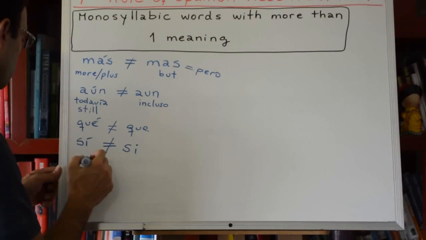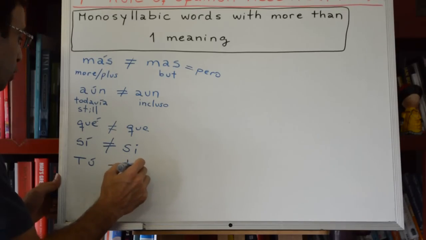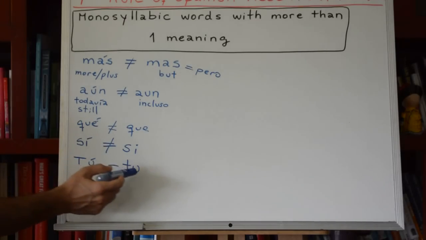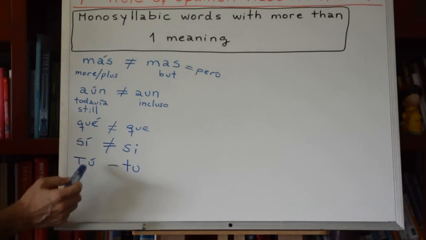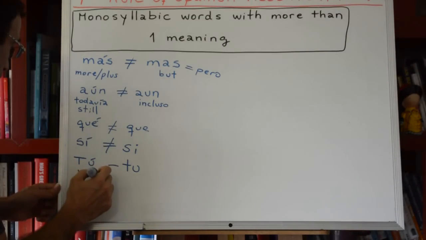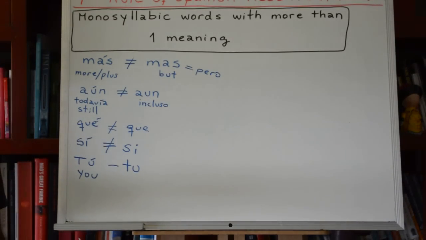El pronombre tú. Y el pronombre posesivo tu. So, tú and tu, same pronunciation. Tú with a tilde means you, right? The subject pronoun you. For example, you said this.